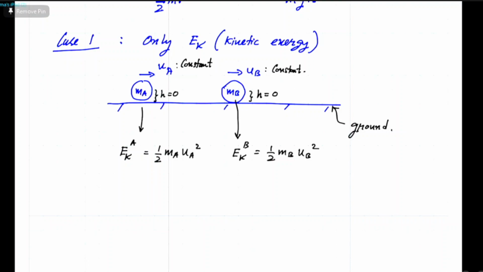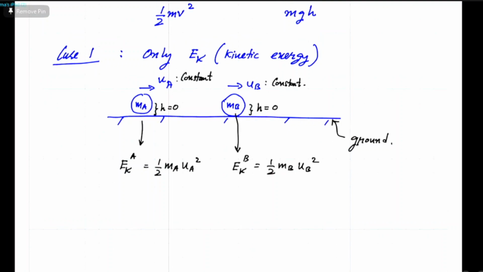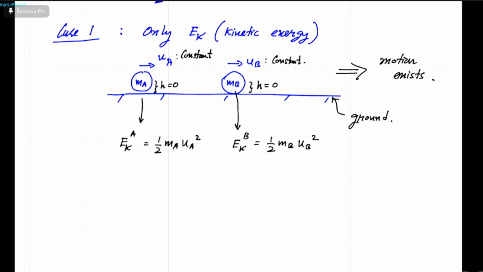So in case 1, only EK, kinetic energy. So H is equal to 0 in that case, right? So when you have EK only, there is a motion, because it's moving. Then only you get the kinetic energy. Right? So now let's move into our case 2.